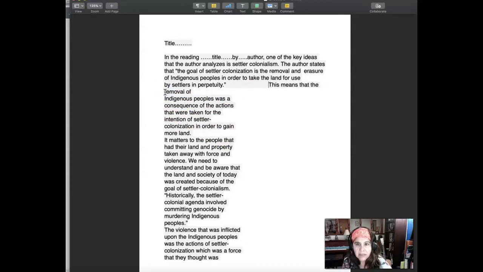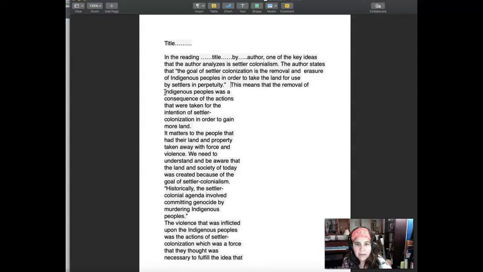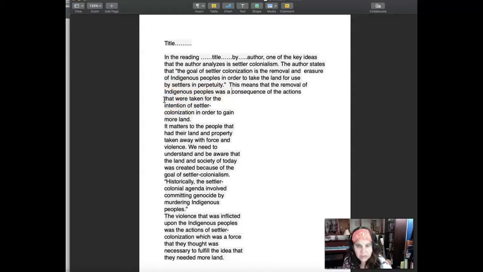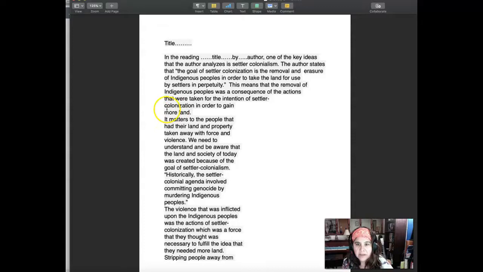This means that the removal of indigenous people was a consequence of the actions that were taken for the intention of settler colonization in order to gain more land.